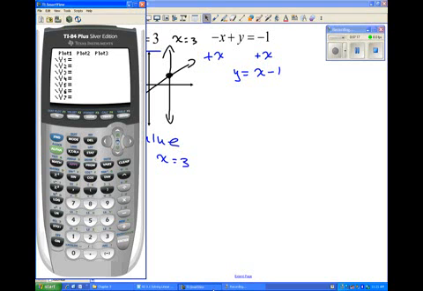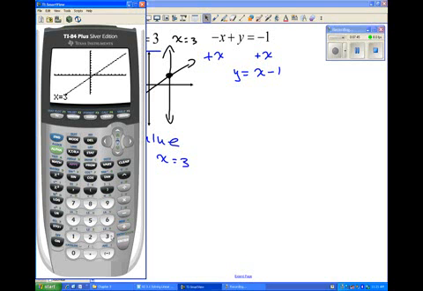So in y1, I'm going to plug in my equation, y equals x minus 1. I can't graph a line that says x equals, so instead I'm going to hit second trace to go to the calc button. I choose number 1, value, and it says x equals, so I'm going to plug in the 3.